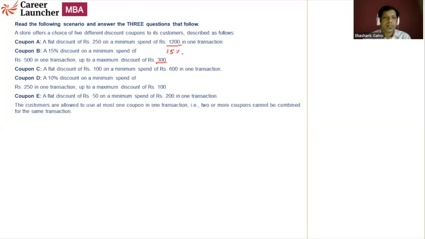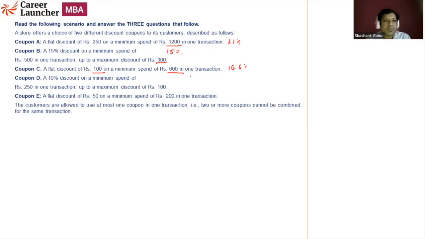A flat discount of 100, minimum spend 600. So basically, if we are going to find out, 250 on 1200 comes out to be somewhere around 21%. Here it is fixed 15%. Here it is going to be 100 on 600, so that is 16.66%.